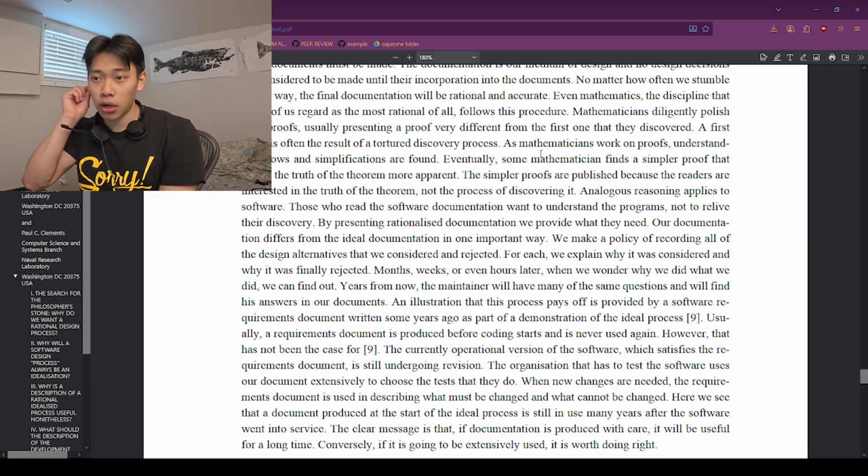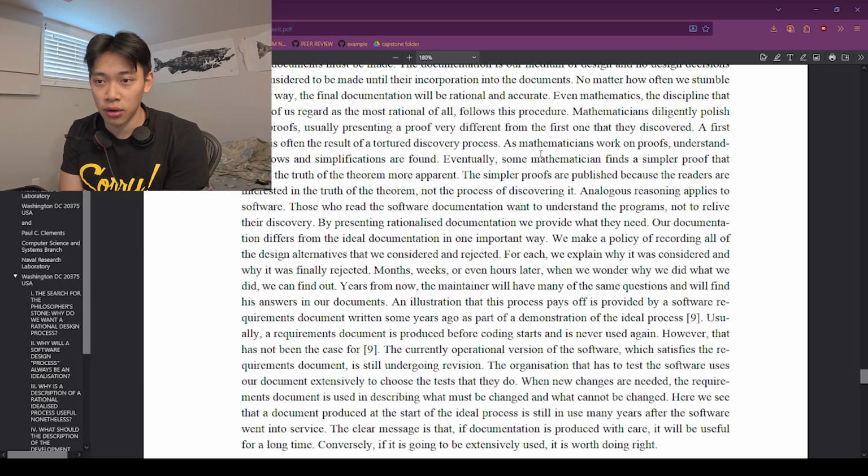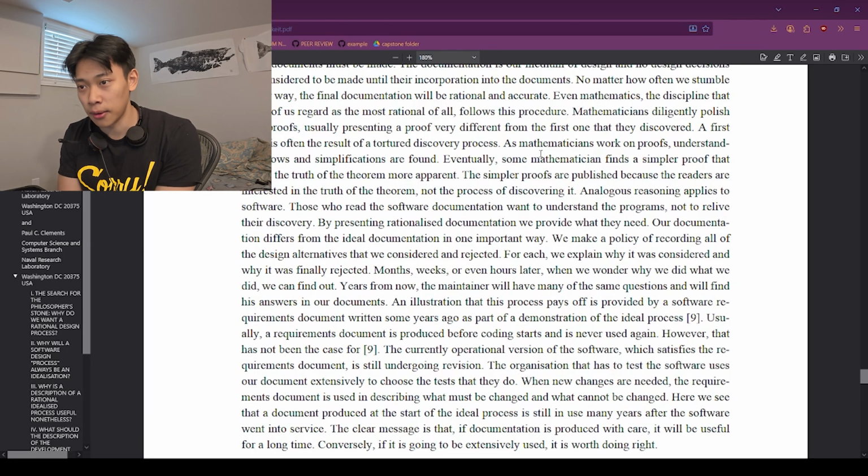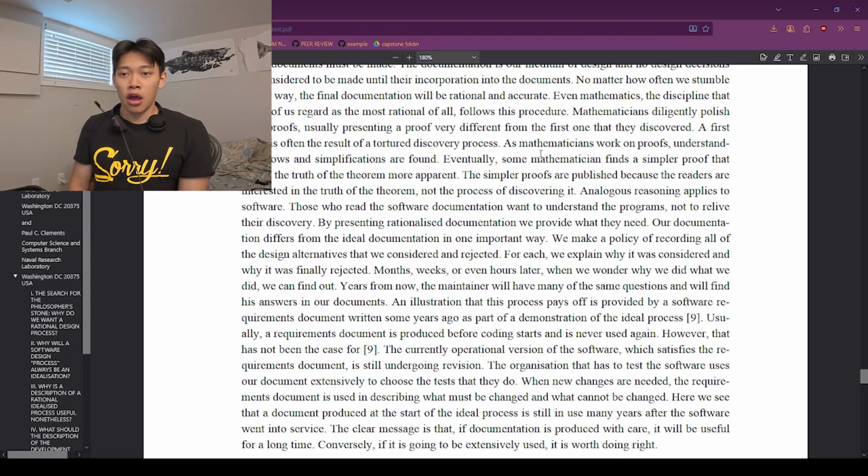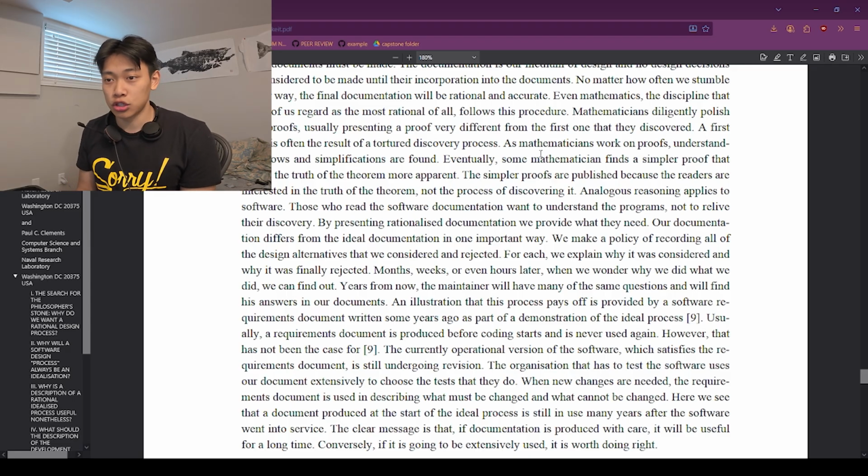The simpler proofs are published because the readers are interested in the truth of the theorem, not the process of discovering it. Analogous reasoning applies to software. Those who read the software documentation want to understand the programs, but not to relive their discovery. By presenting rationalized documentation, we provide what they need.